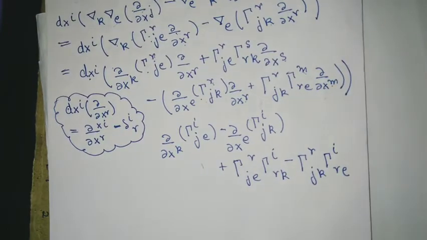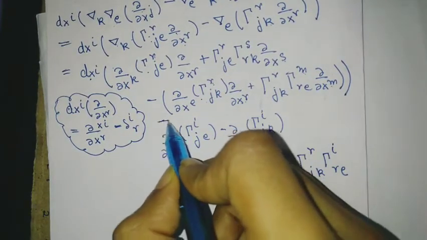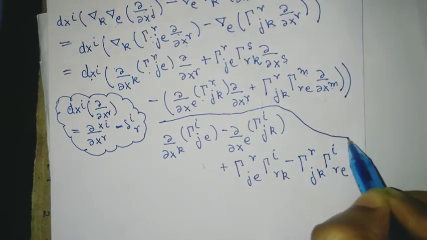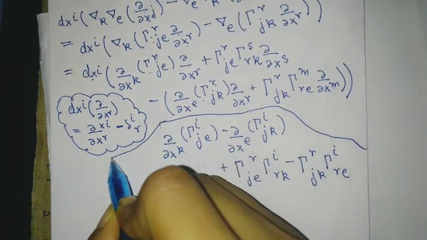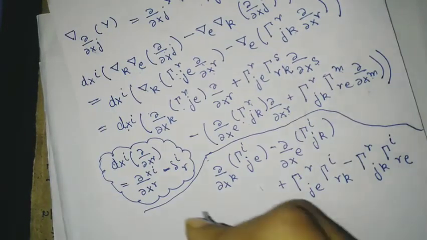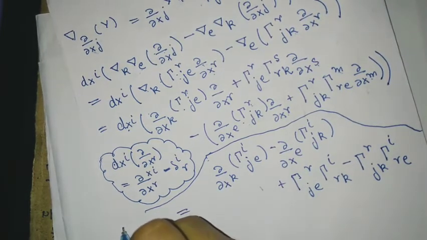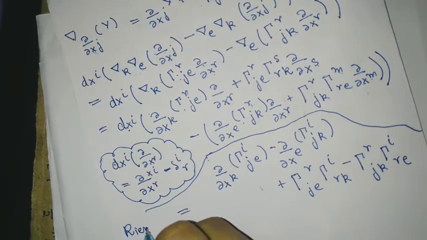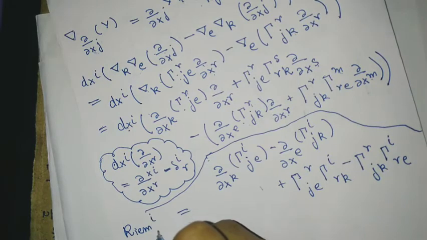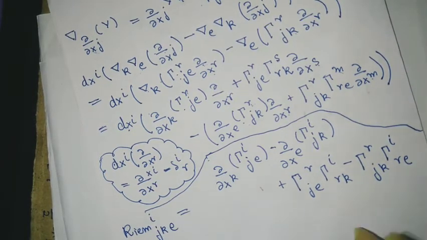And finally you can see this entire thing here you can just name R^i_jkl.